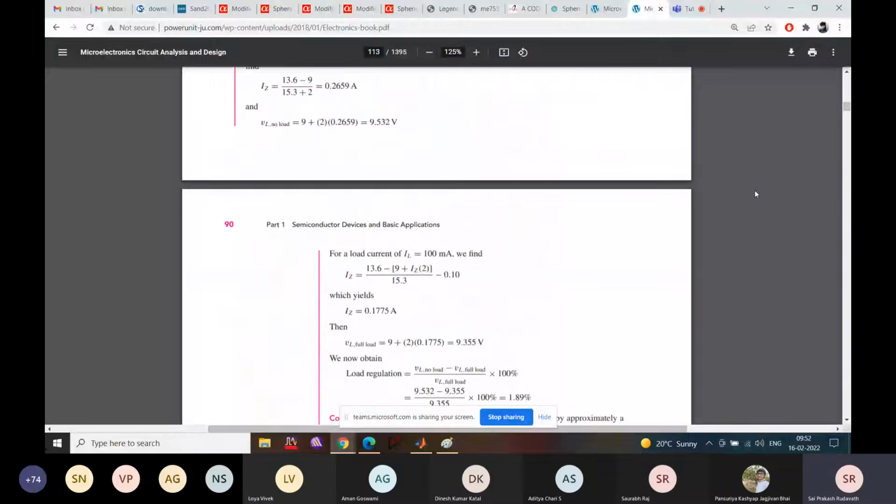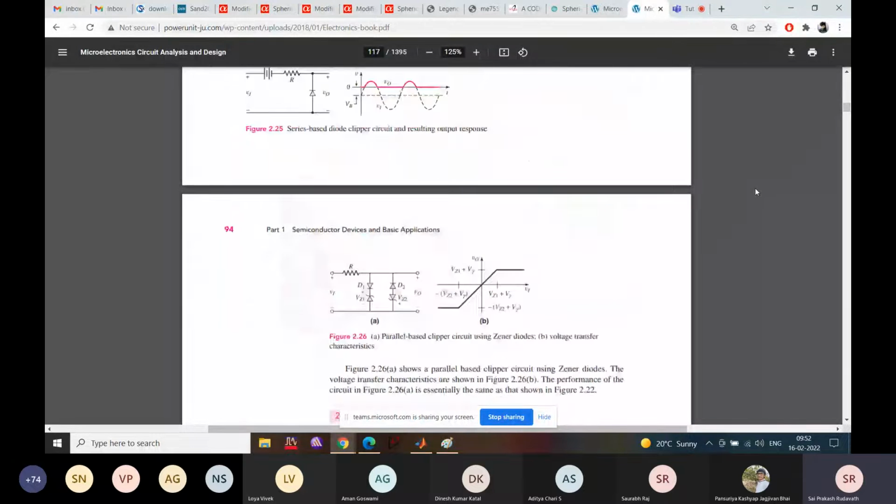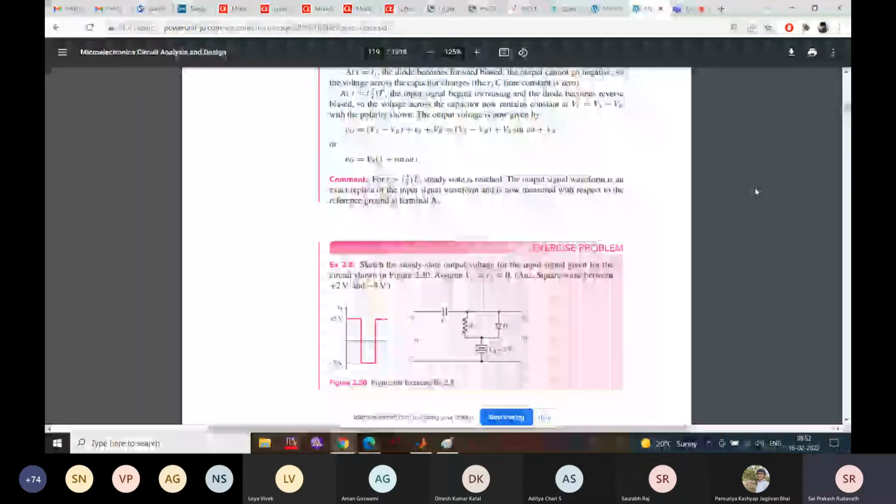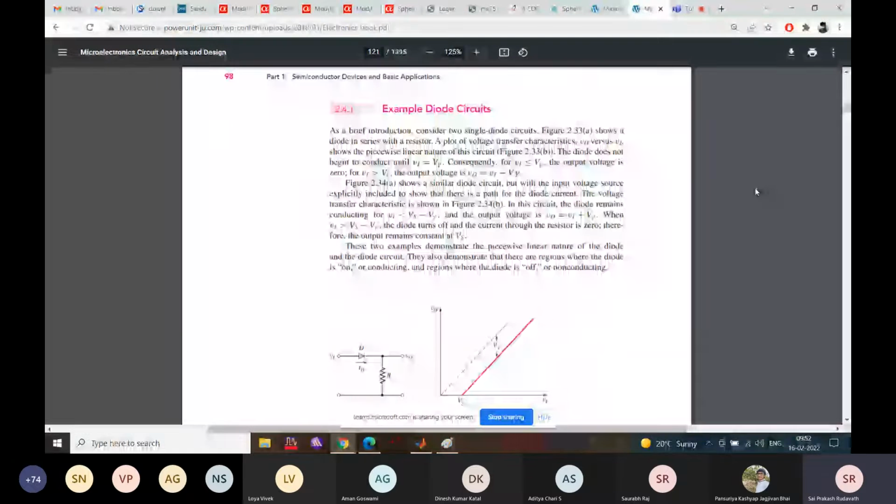Okay. So what's the maximum current you're getting there in zener? 2.7.